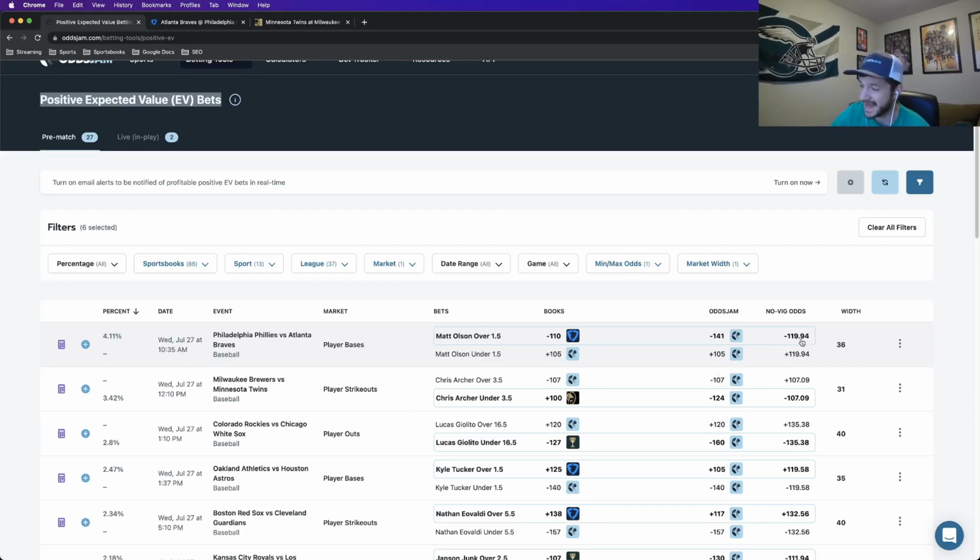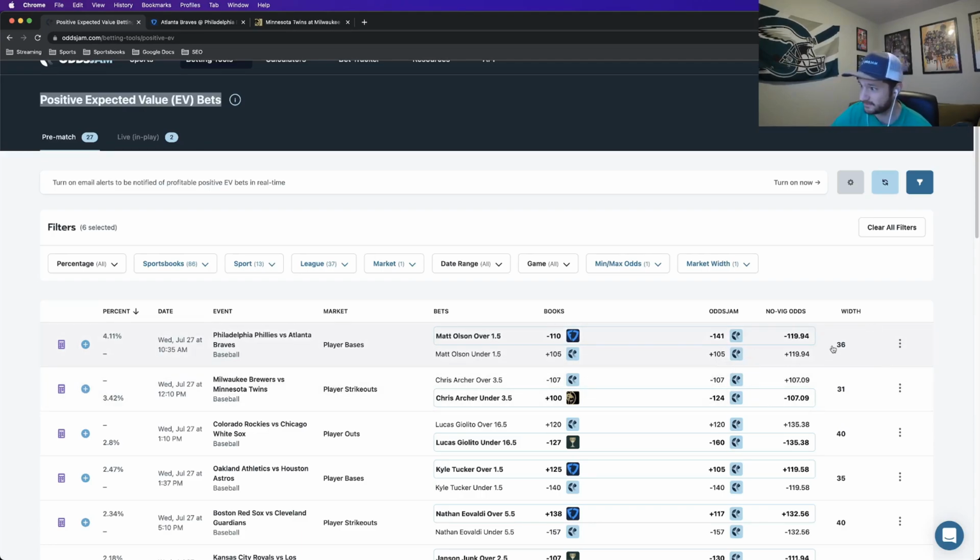In this case, the gap from, let's call it, minus 120 to minus 110 equates to about a 4.11% profit margin and only 36 cents in market width, which is well within range for a player prop. Market width really just measures confidence in what lines are being priced at. Anything for a player prop that is 40 and below is within range.